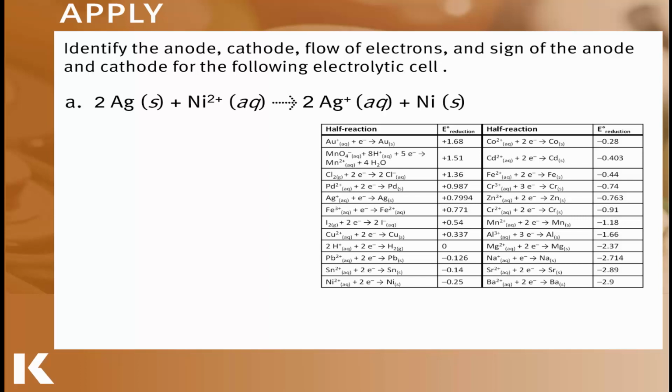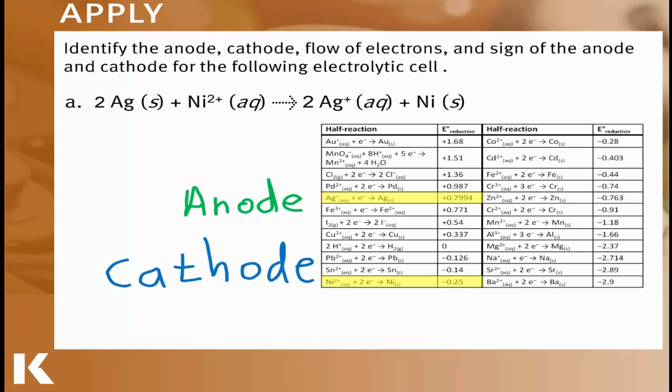Well, first let's look at our table of reduction potentials and identify the relevant species. There we have the silver reduction potential, and here we have the nickel reduction potential. So we simply look at the values, and we see that the silver has the higher value, the nickel has the lower value. Therefore, we can assign the silver as the anode and the nickel as the cathode.